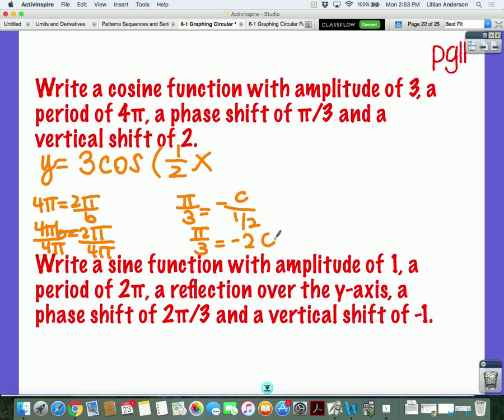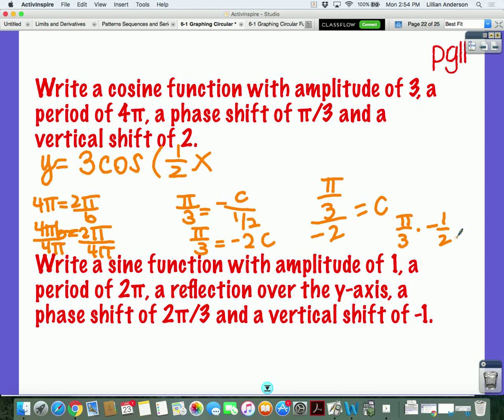How do you solve for c? Cross multiply or divide by negative 2, either way. If you do divide, how does that simplify? Keep, change. When you flip negative 2, that turns into what?